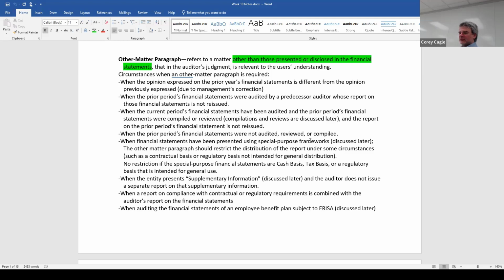And then a little tidbit on that other matter paragraph would restrict the distribution of that report under some circumstances and not restricted under other circumstances. There's a section on restricting reports later too. So all of this is covered again later, but reports are restricted when it's prepared for a certain person, like a contractual basis of accounting, where you prepare everything to report in accordance with meeting the requirements of a contract or something like that.